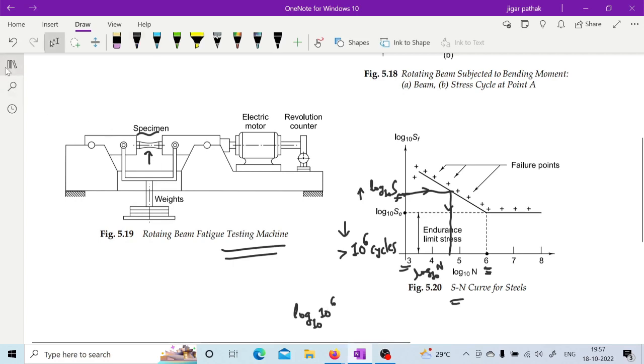I got it. But sir, except log, can't we take E series or something like that? See, with E series you actually have cycles in terms of millions of revolutions and so on. So how can you relate it with E raised to something? Are you getting it? Okay.